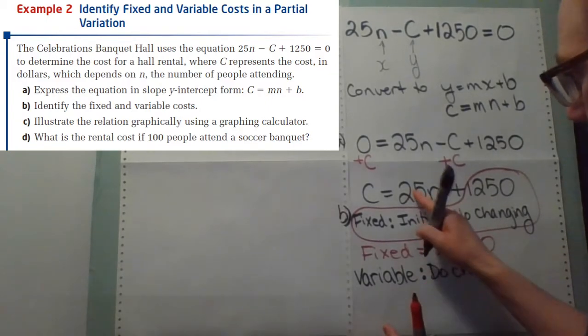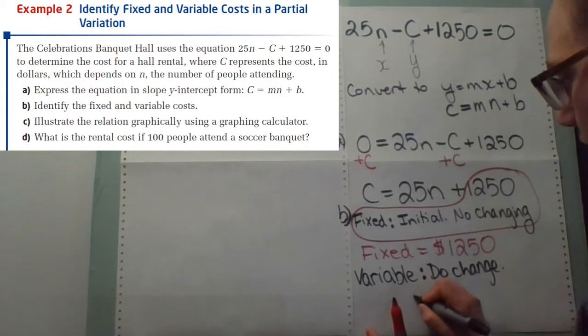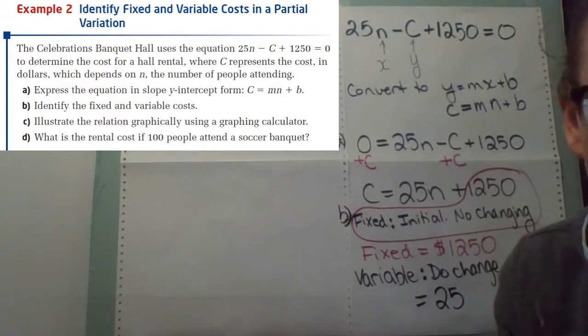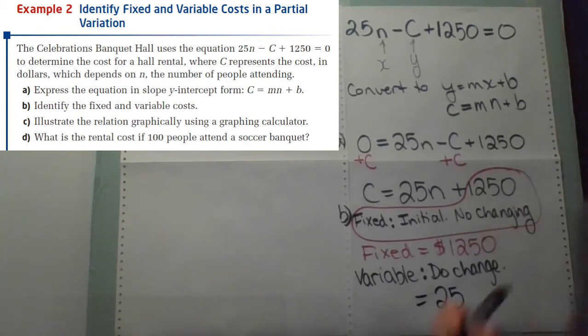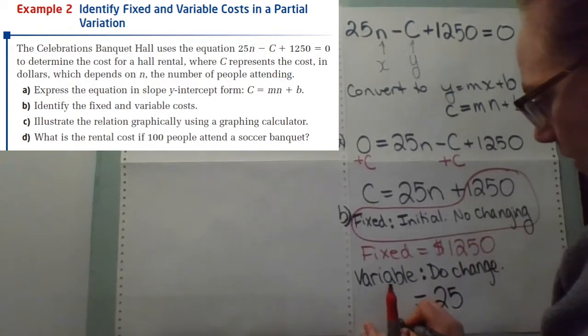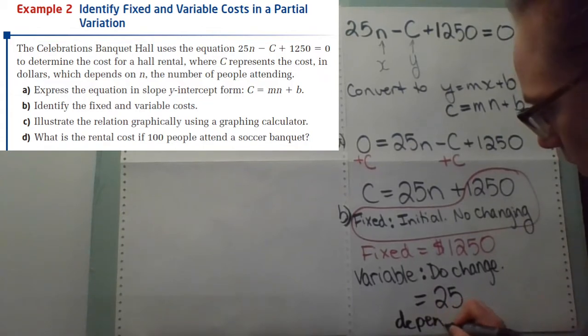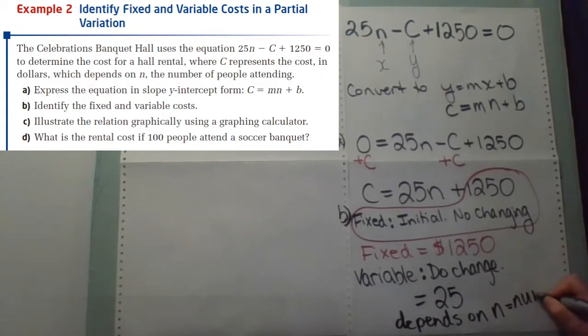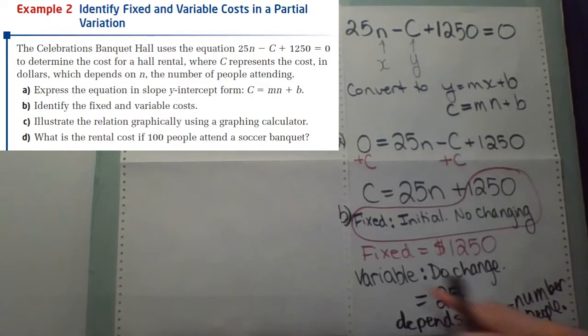So here in my equation, my variable cost is going to be equal to 25 because that n, remember from our question, says it's the number of people because it depends on n, which is my number of people. That's why we call it variable, because it changes. It depends on how many people we have there.